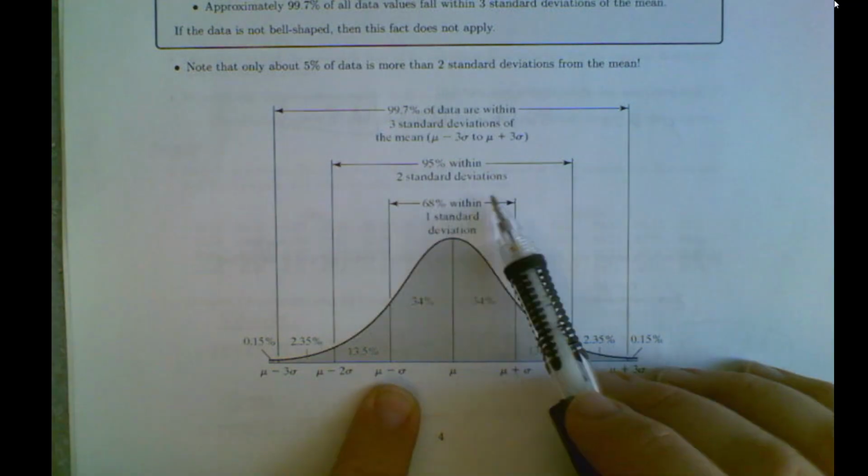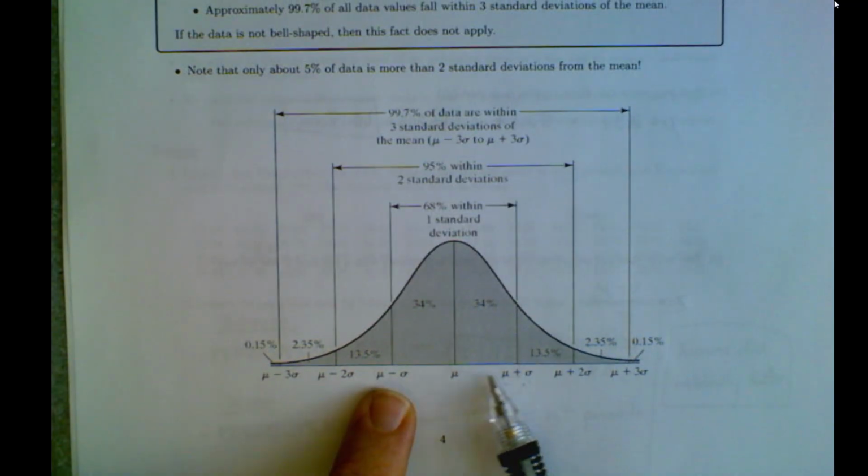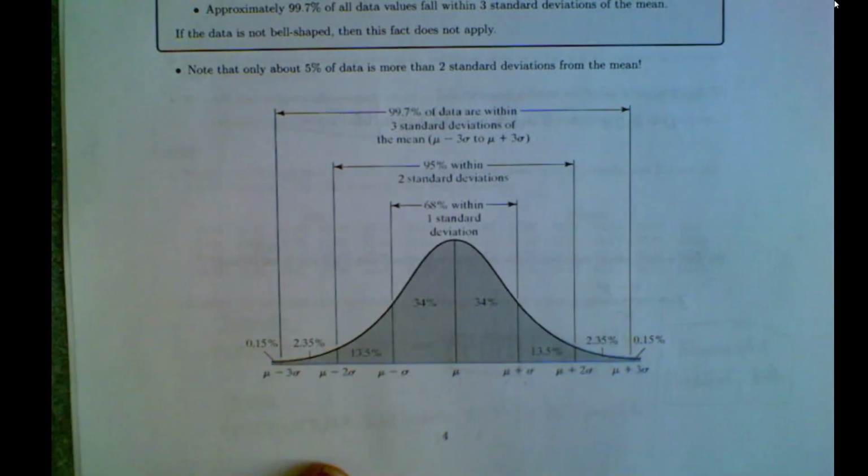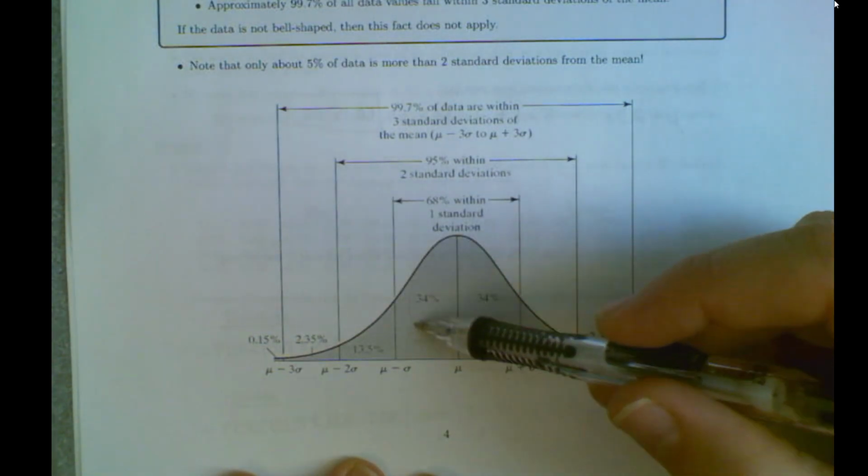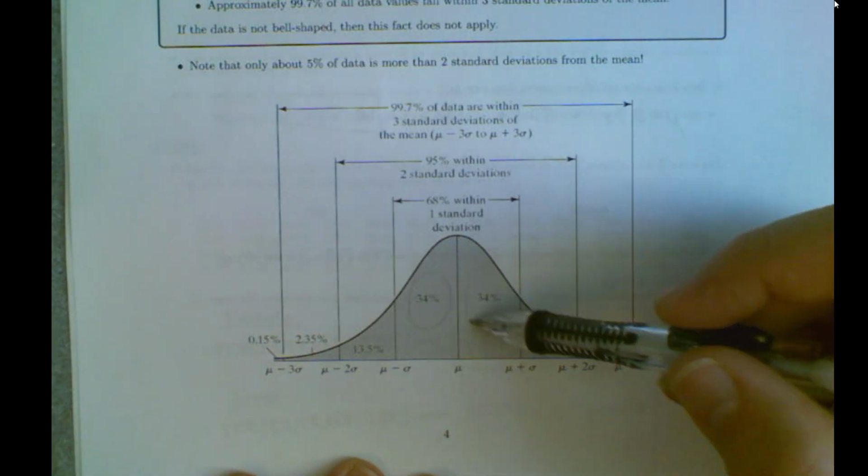We've got 68% of the data within one z-score of the mean, within one standard deviation. Now, because the bell-shaped distribution is symmetric, half of that 68% is going to be within this region, right? So half of 68 is 34, and the other half is in this region. And that's how we get those numbers.